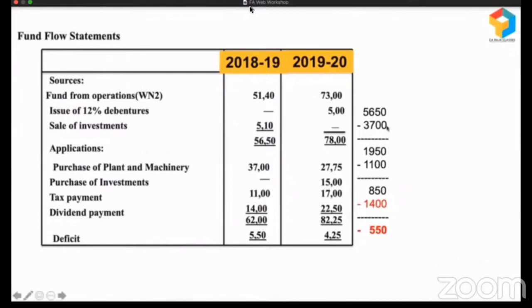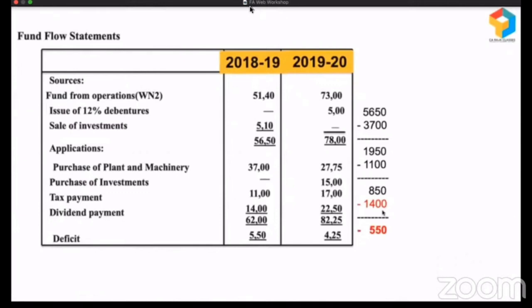Ideally what this business should have done, when they purchased plant and machinery of 3,700, is raise some long-term funds. Some portion of this 3,700 could have been funded by long-term funds, and that would have left a good amount of surplus so that they could have paid this dividend easily.